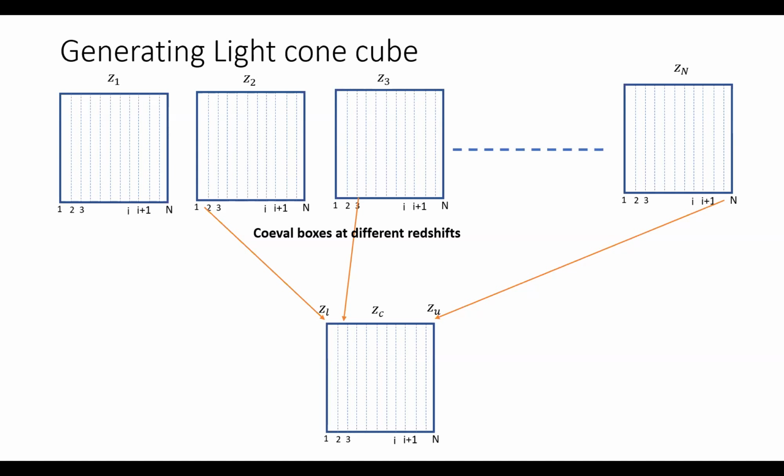You can take any slice for the first slice, but when you go to the next slice, for example, the question that you are asking now: can you pick up middle slices from all boxes and fill up the light cone box? No, you cannot do that, because the underlying density field is the same in all middle slices.